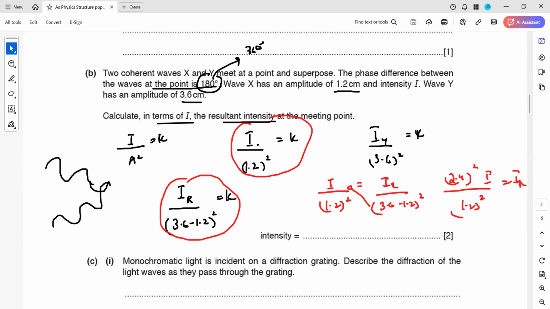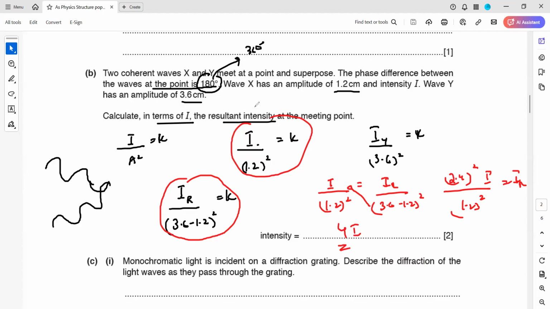What's the answer for this? 2.4 square divided by 1.2 square. So the resultant intensity is equal to 4I, because in terms of I we need, so we have to write 4I.